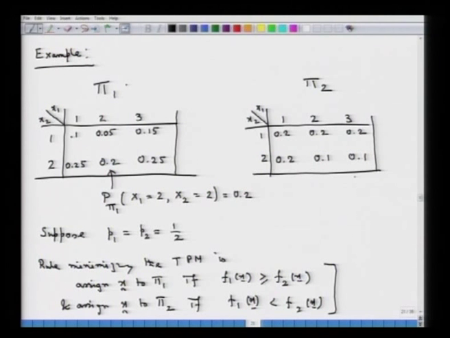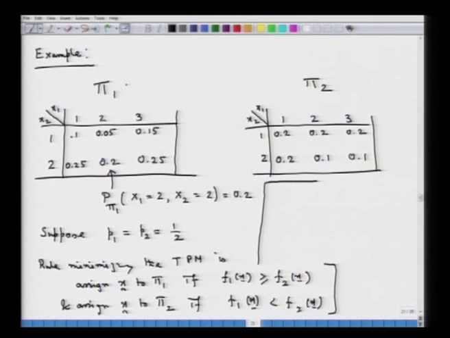So, we will look at these pairs and see which of these is higher, because the rule is given by f1x greater than or equal to f2x, and hence looking at this table we can frame what the classification rule is.